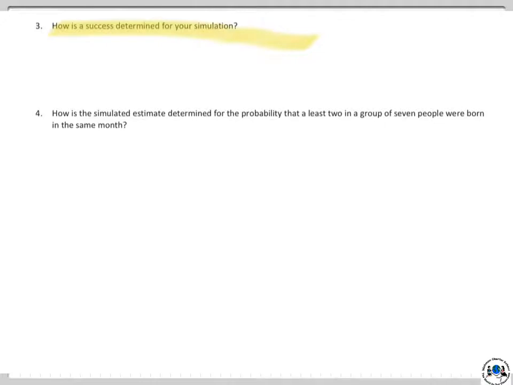Out of a group of 7 people, what is the probability of at least 2 of them sharing a birth month? That's what we're trying to prove. So what would a success be, therefore? Think about it and come on back.